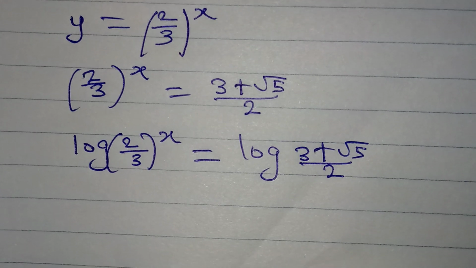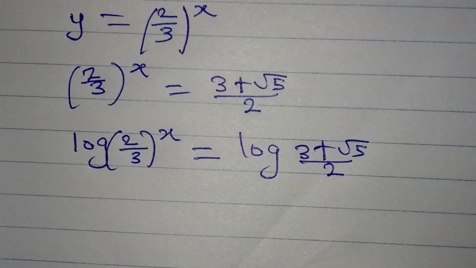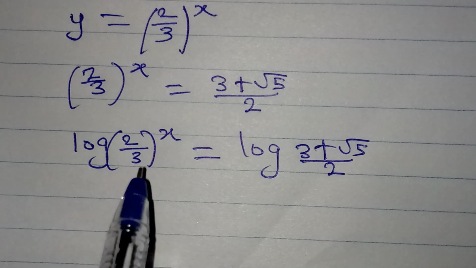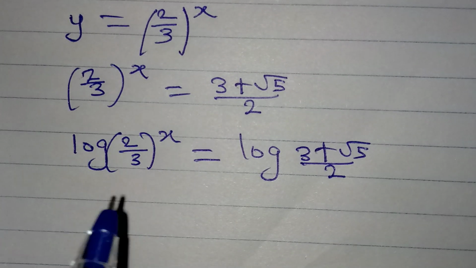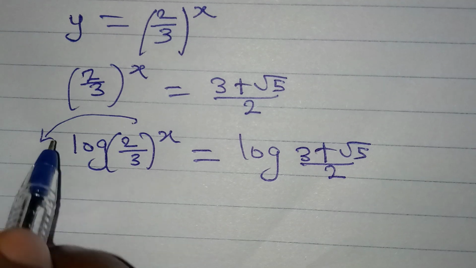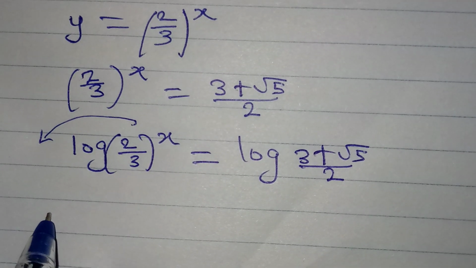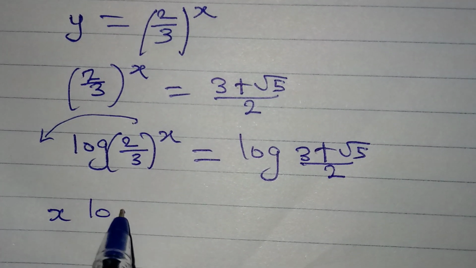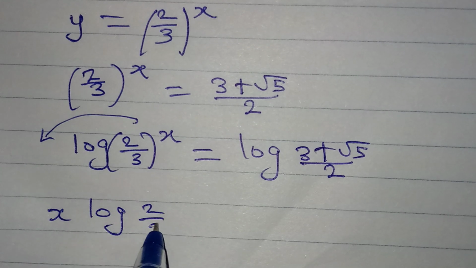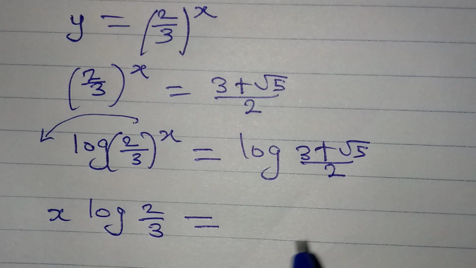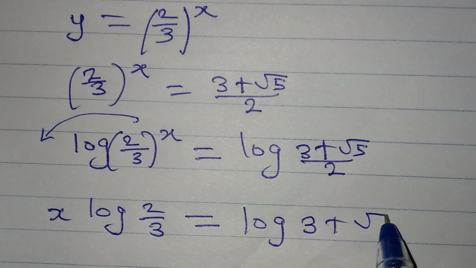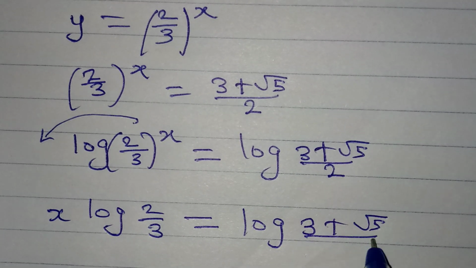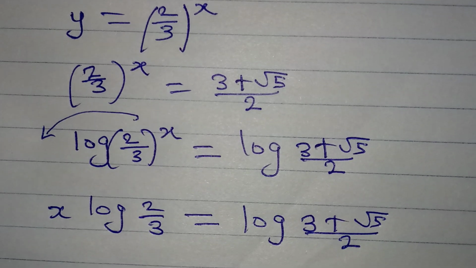But then remember that we are looking for the value of x, and there's a law that says the power here can always go behind. So I'm going to move the power like this. So I'm going to have x log(2/3) equal to log of (3 plus square root of 5)/2.